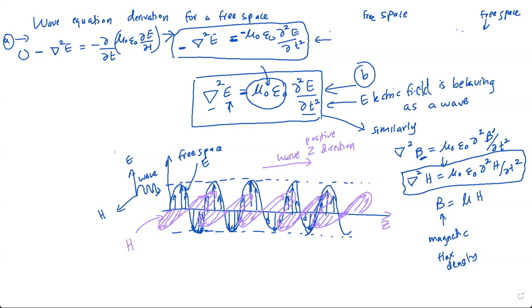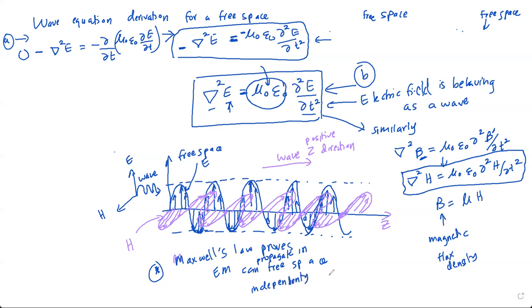Apart from that, now we have shown that Maxwell's law proves the fact that an electromagnetic wave can propagate in free space independently, without the sources that produce them.